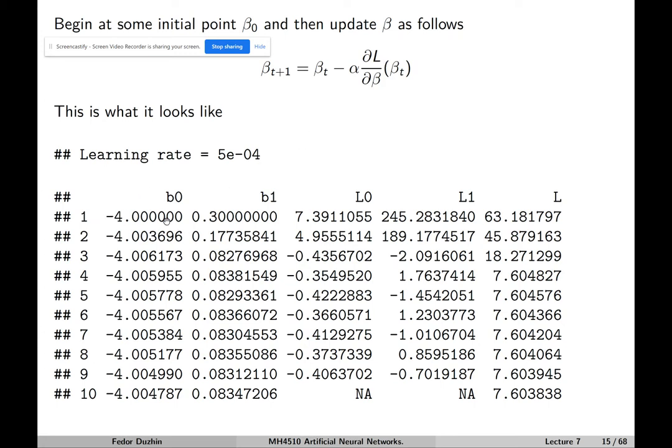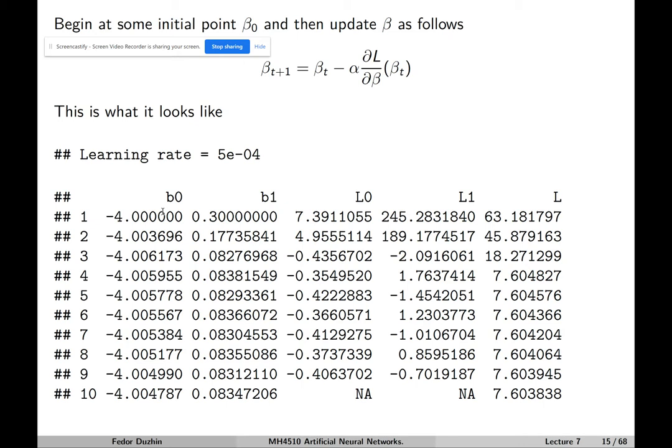So we are going to begin at some point. B0, B1 here means beta 0, beta 1. L0 and L1 are derivatives of L with respect to beta 0 and beta 1. So this is the vector of partial derivatives, and this is L. Then we take some small value of alpha, multiply this by alpha and subtract from beta 0, beta 1, and this is going to be the new value of beta 0, beta 1.